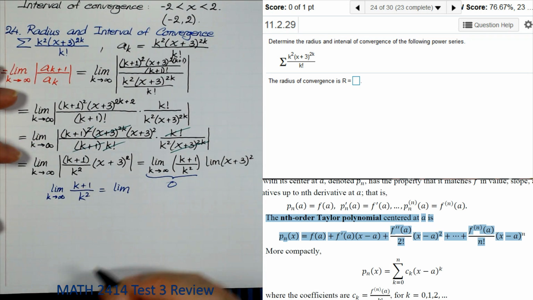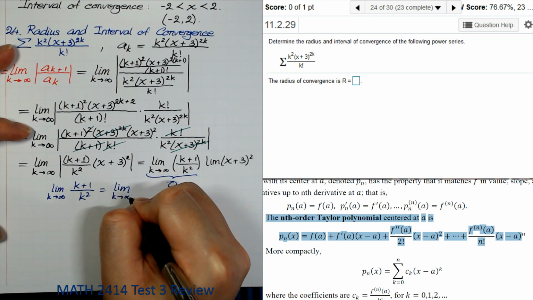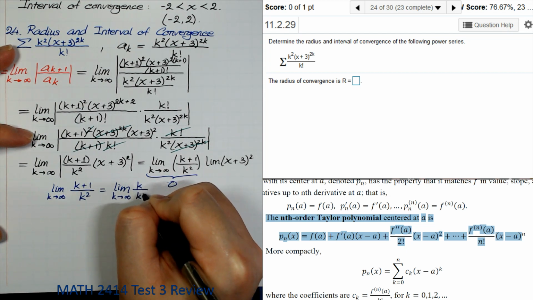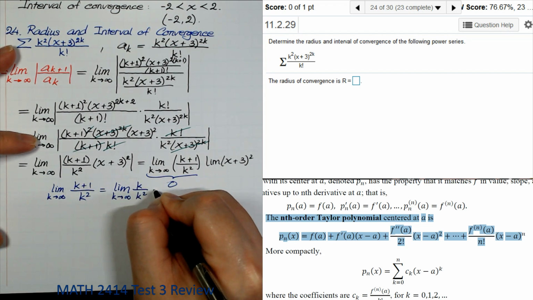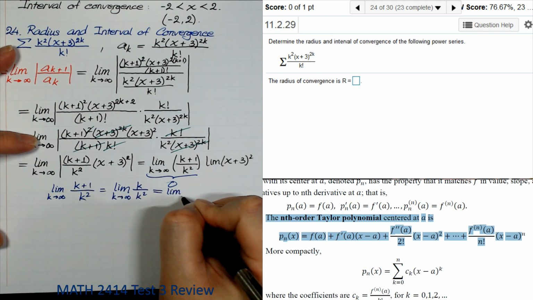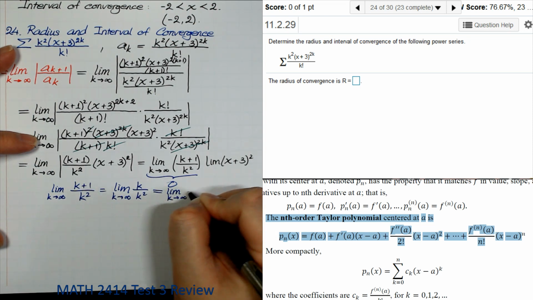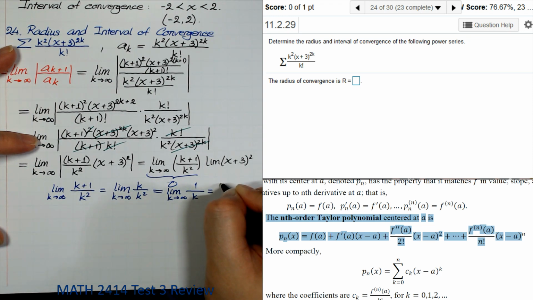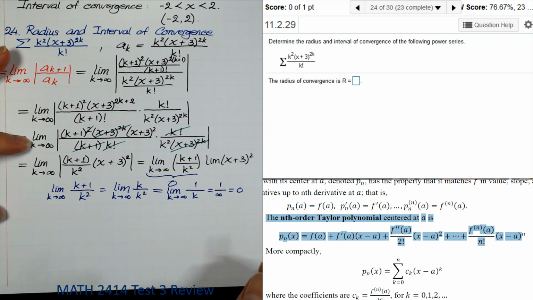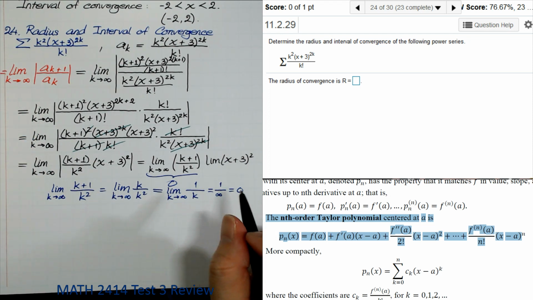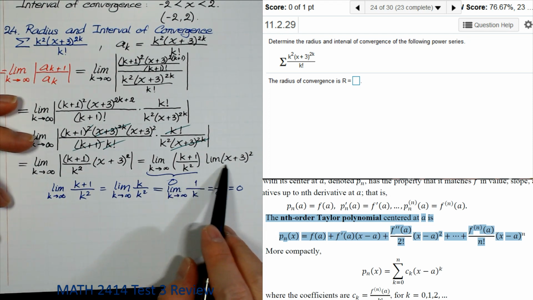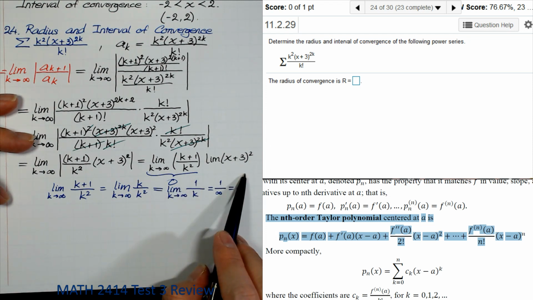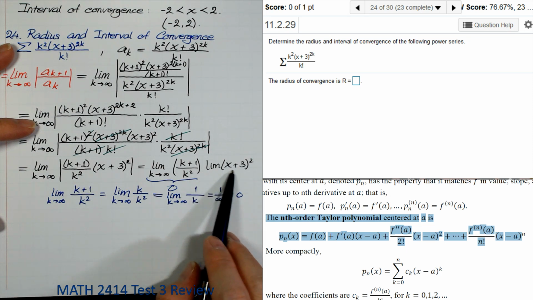Highest power on top, highest power on the bottom, k squared. So finite over infinity, so that is 0.